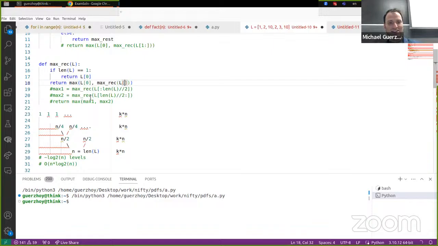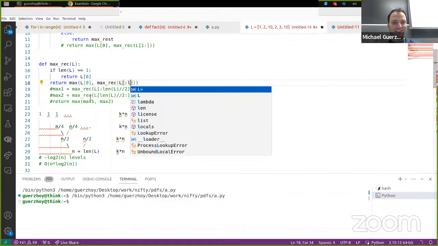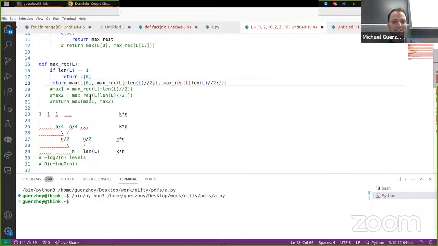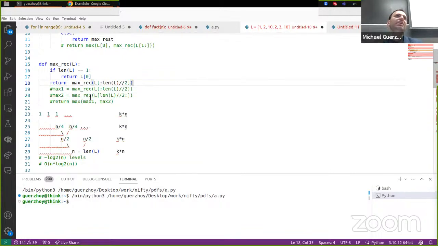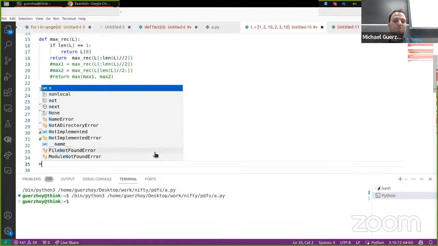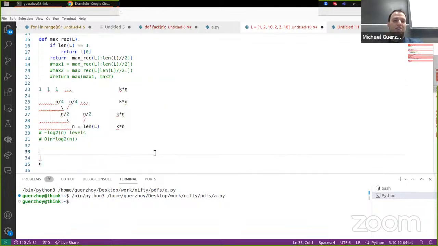You're asking something silly. Not the question is silly, it's the function that results that is kind of silly, right? So you're just saying return this. So then, what is it going to be? Well, it's n, and then n over 2, and then n over 4, and so on.